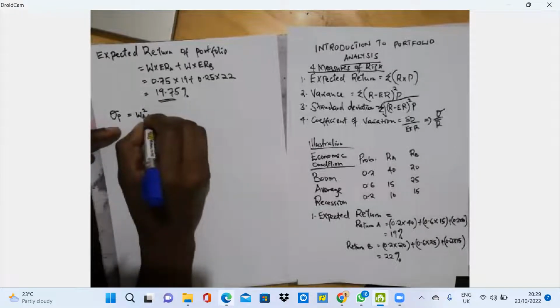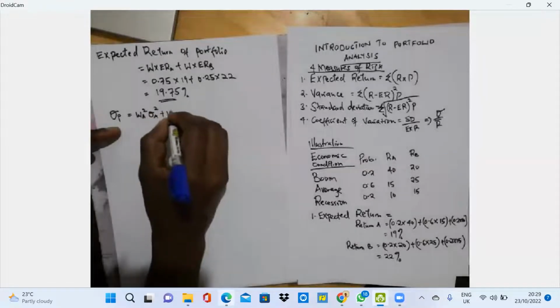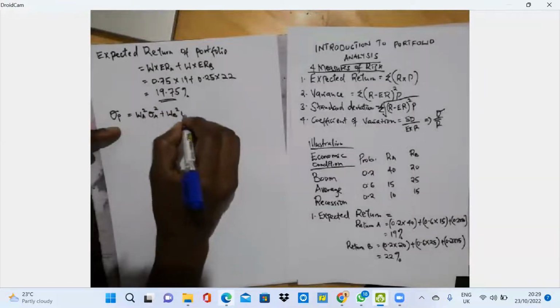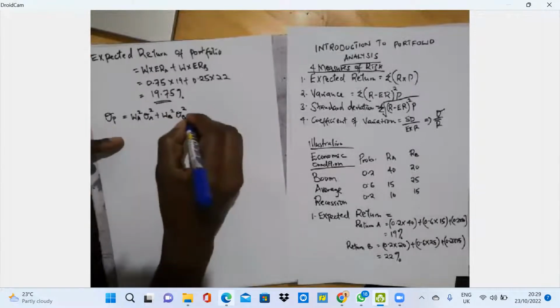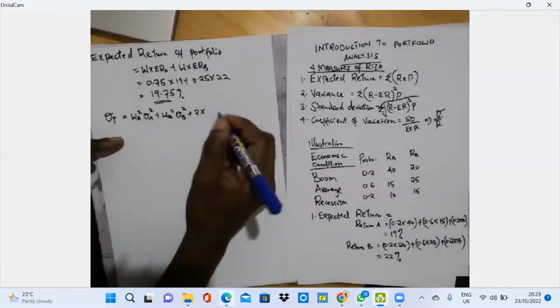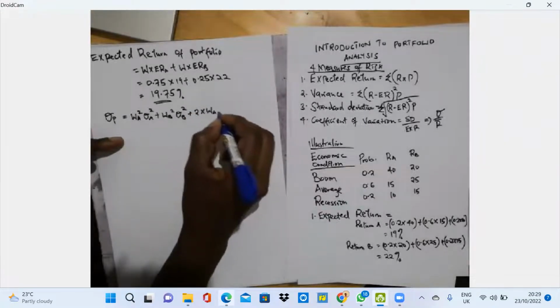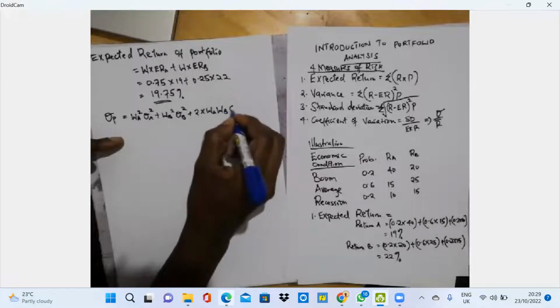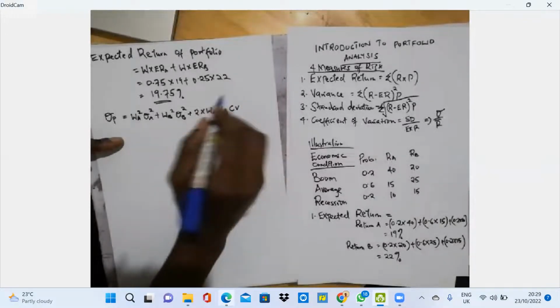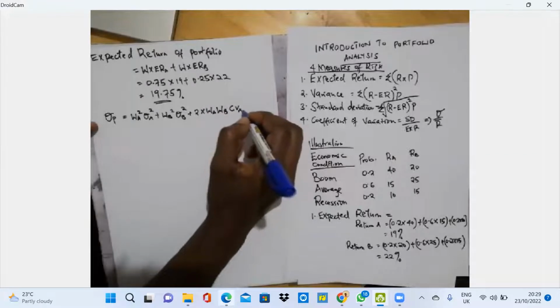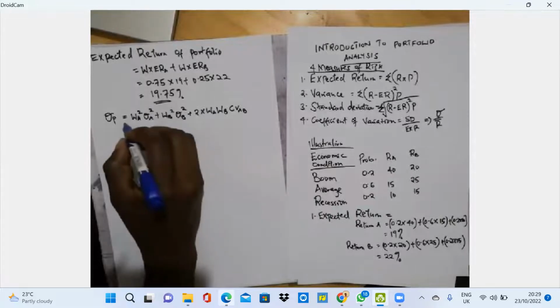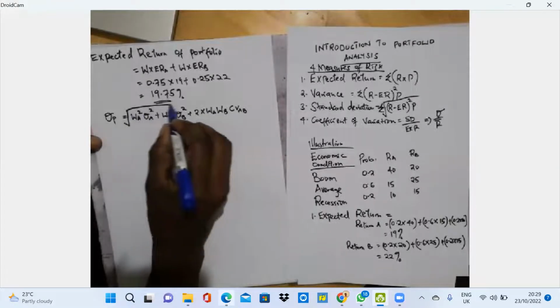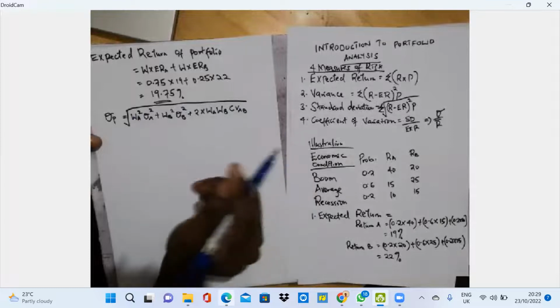We take weight of A squared, standard deviation of A squared, plus weight of B squared, standard deviation of B squared, plus 2 times the weight of A, weight of B, coefficient of variation of A and B. But it is not a standard deviation without the square root.